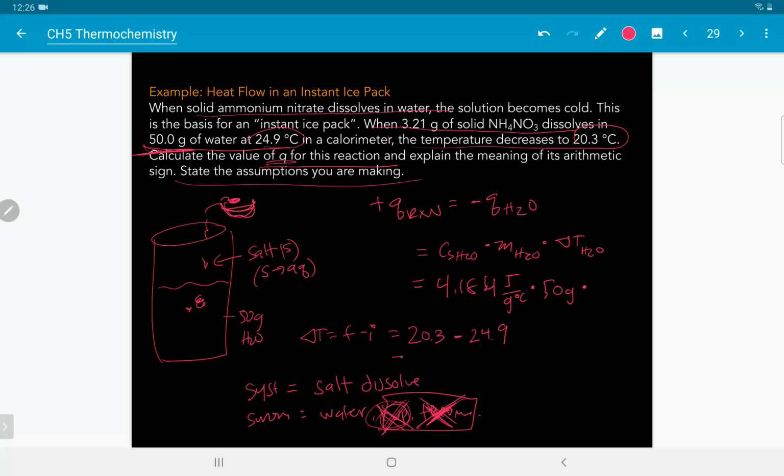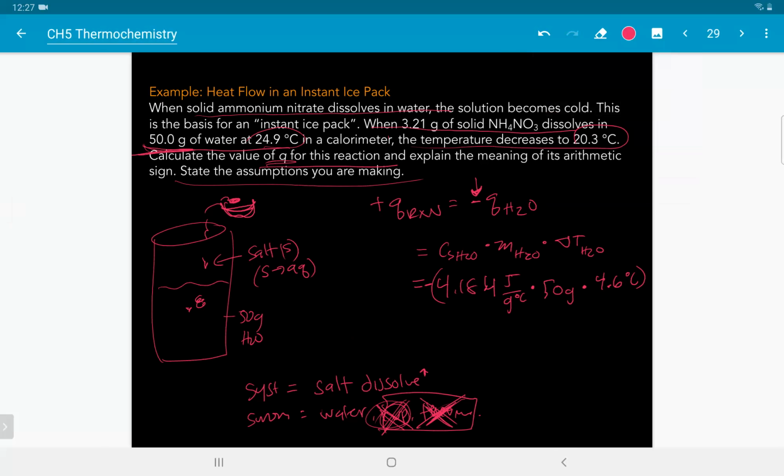So if you subtract those two numbers, you get negative 4.6. And remember that negative sign is the same negative sign that I've got right here, right? So the change in temperature lets you know whether or not that reaction is endothermic or exothermic. So times 4.6 degrees Celsius. I'm going to leave it neutral because I'm going to put that negative sign up front right here. And then I'm going to erase this to give me some space.